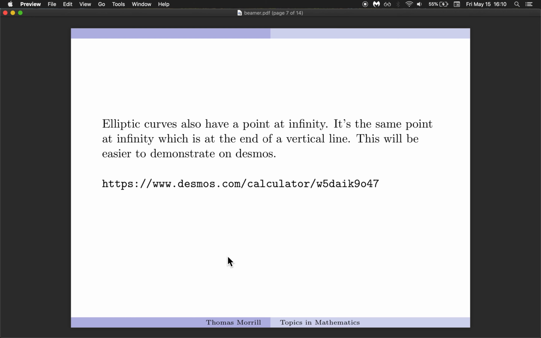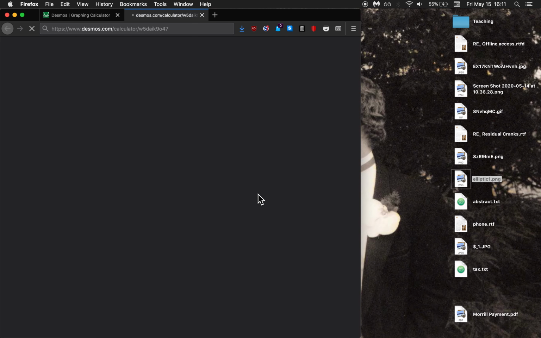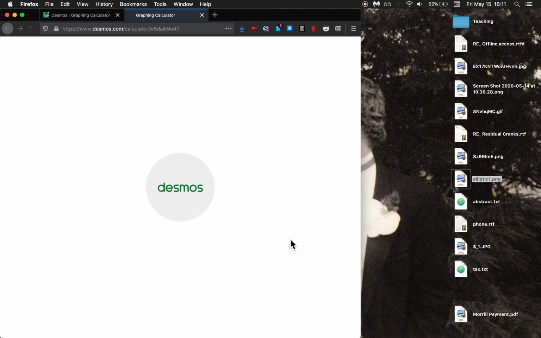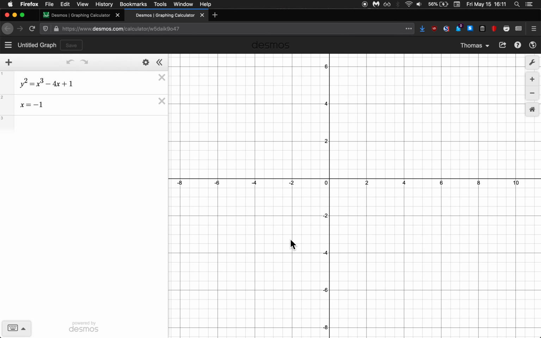So this will be a lot easier to show rather than to just tell you. And like before, you can click on this link to see the graph that I was working with. So here in red is my elliptic curve. And I've got this bulb here.